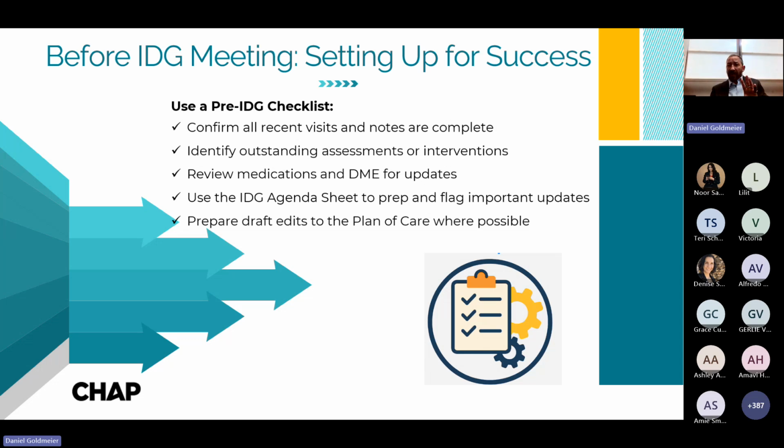So that's really where we are in terms of setting up IDG and reviewing it leading forward. And I'm going to let Ashley take it from here in terms of moving forward with IDG.